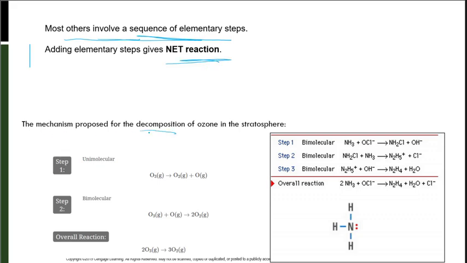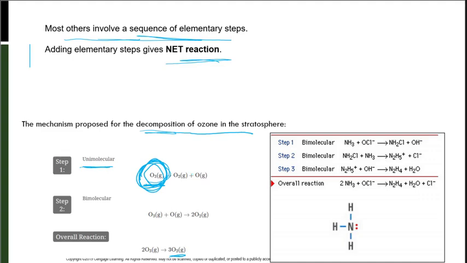Let's look at the decomposition of ozone in the stratosphere. I have O3, which is ozone, and in order to go from ozone to oxygen, we think it might be a 2-step process. This first step is unimolecular, where I just have O3. I have one molecule of O3. Now, how is that breaking down if it doesn't have anything to collide with?